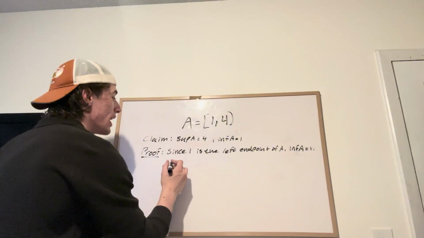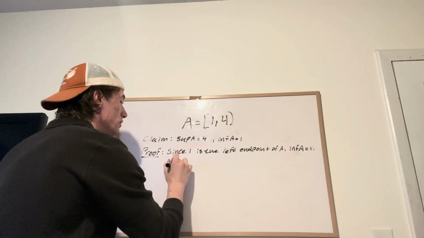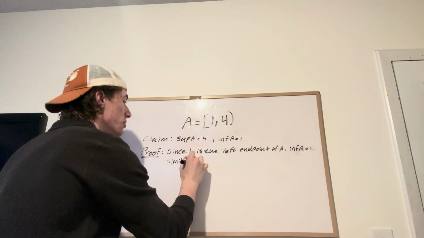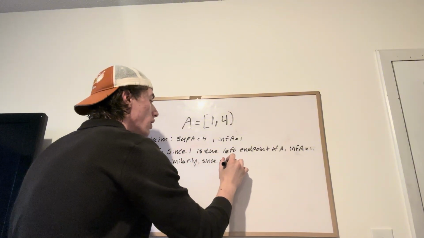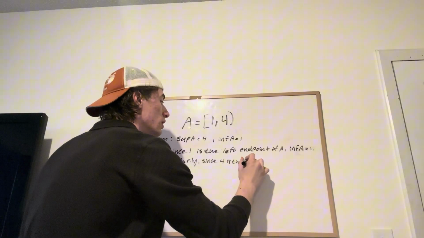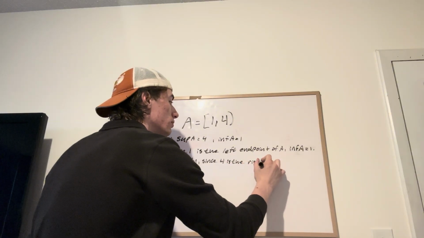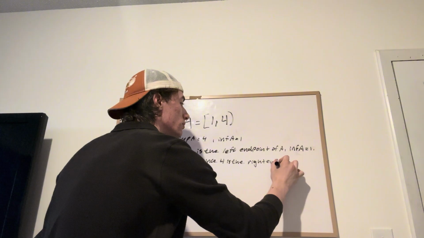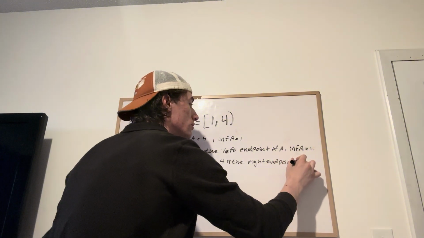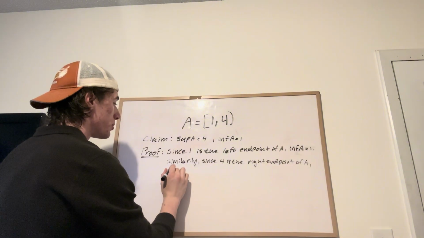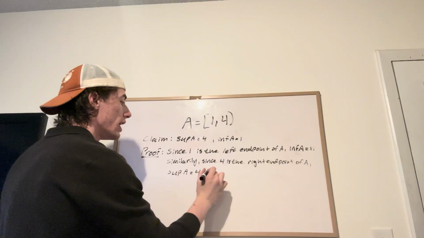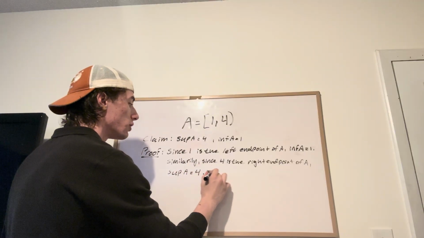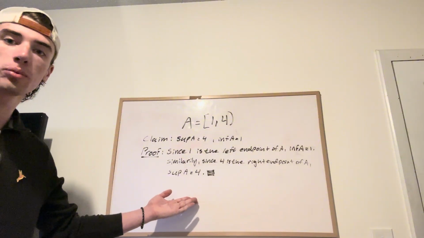Similarly, since 4 is the right endpoint of A, the supremum of A equals 4. And then those are the only things you have to say. You're done your proof now.